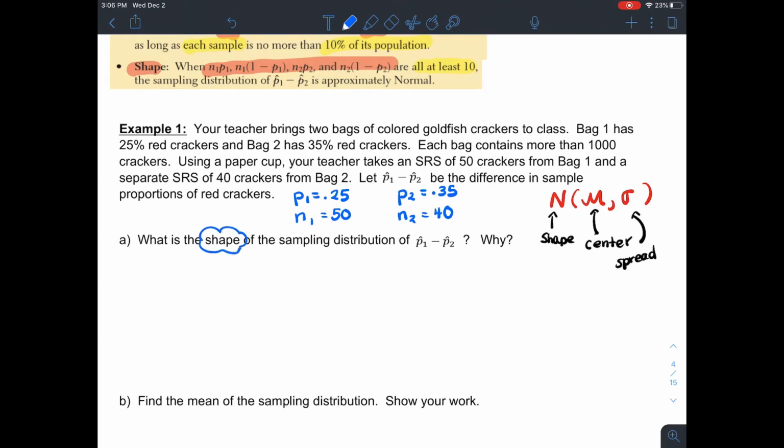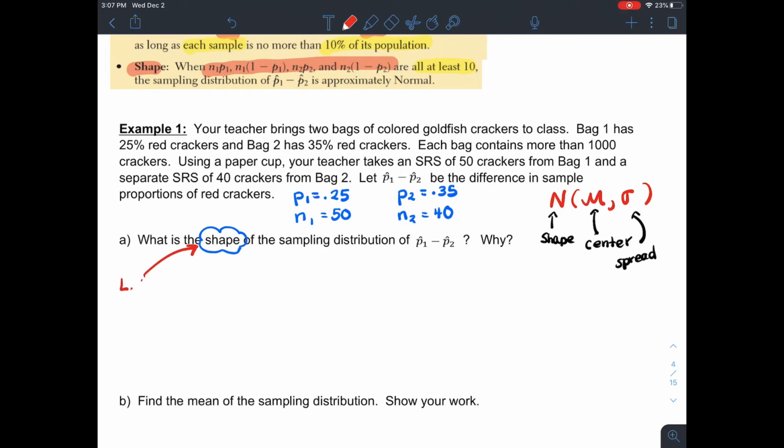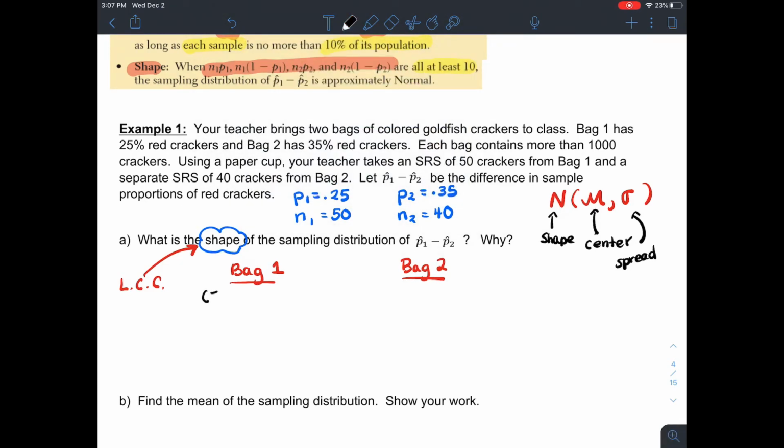Okay. Now for part A, it says what is the shape of the sampling distribution for the difference in the sample proportions and why? Well, when we're asked to describe the shape, we need to be thinking large counts condition. Okay, so it's good for us to separate this since we're talking about 2 populations now instead of just the 1.